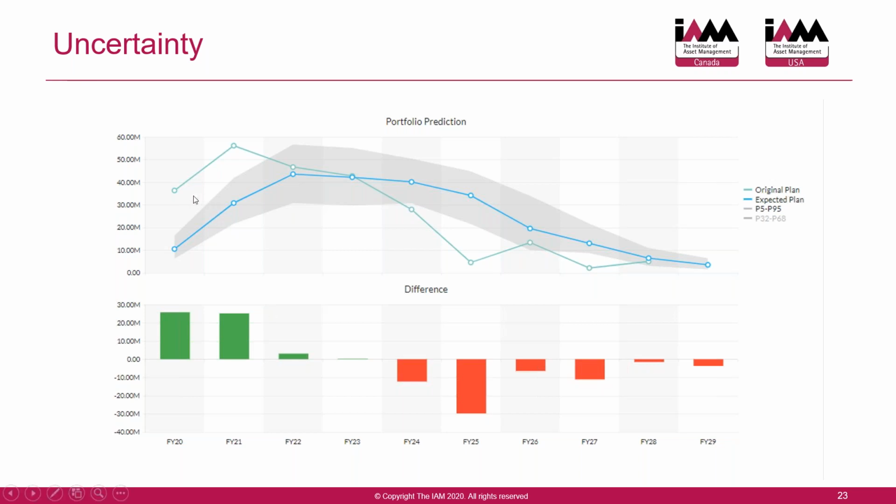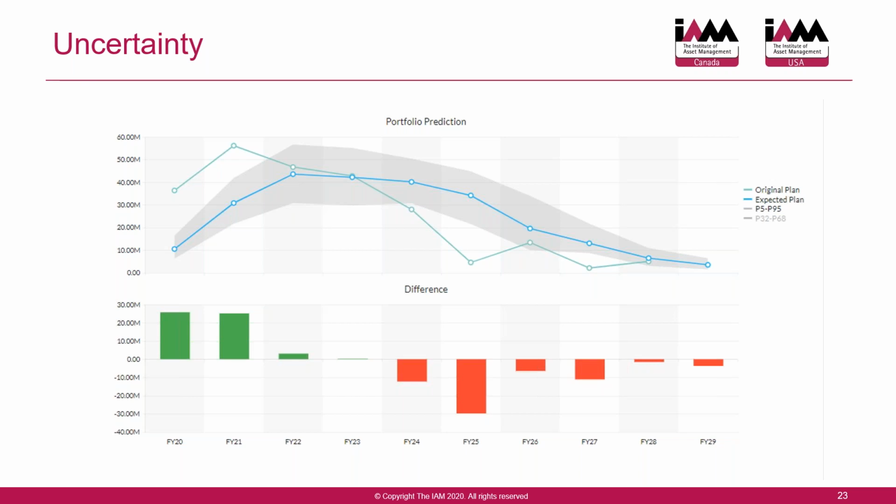So this graph shows such a prediction. The green line represents the original plan. We'll call this the perfect world, if every project executed as the creator of that project thought it might. But then what we can do is look at historic data from similar projects and understand the uncertainty in executing those projects. We then can run Monte Carlo simulations to predict the actual spend and the uncertainty.